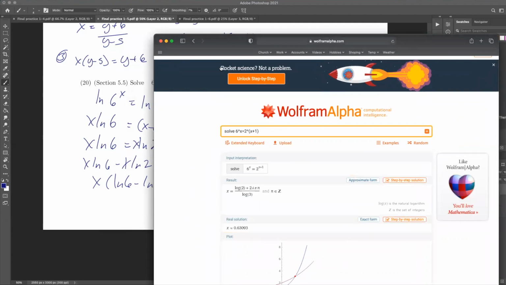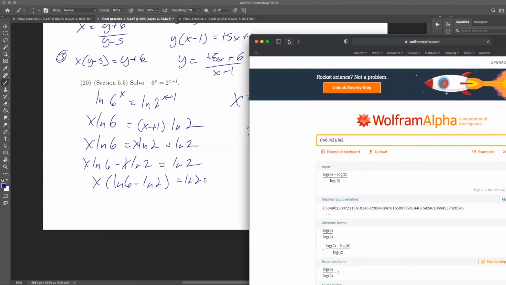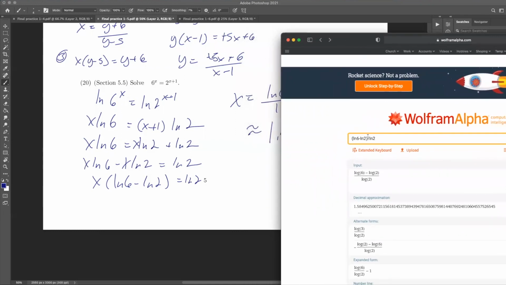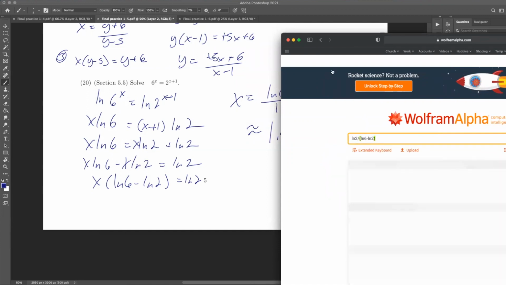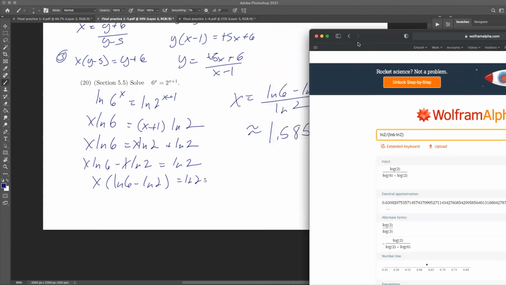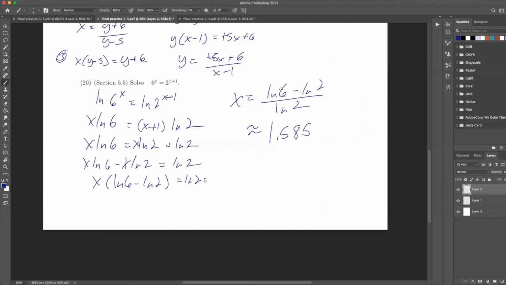Either I typed it in wrong or I did something wrong. Let's find out what I did wrong. Did I type this one in wrong? Yes, I did. I typed it in backwards. If I divide... No, I just divided absolutely wrong.